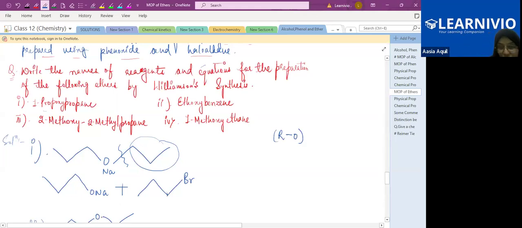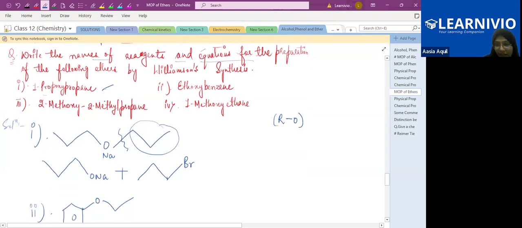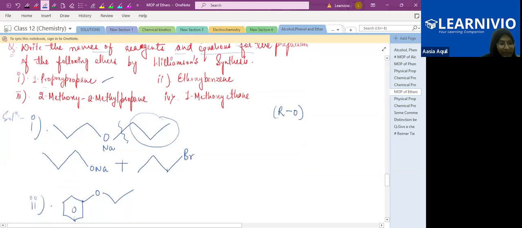So these are the two reagents. Now the question is, write the names of the reagents and the equations for the preparation of this ether by the Williamson synthesis. You can write down the names, or you can just show the equation.